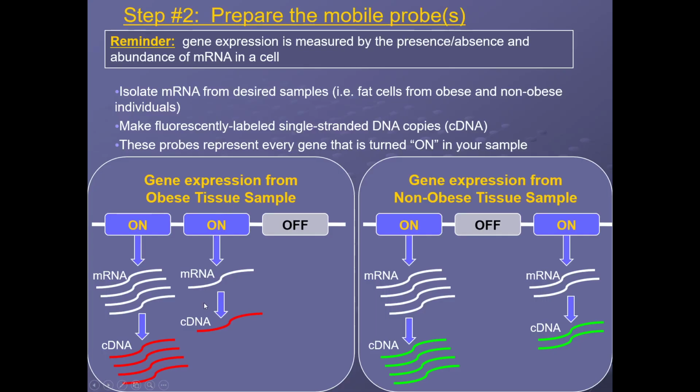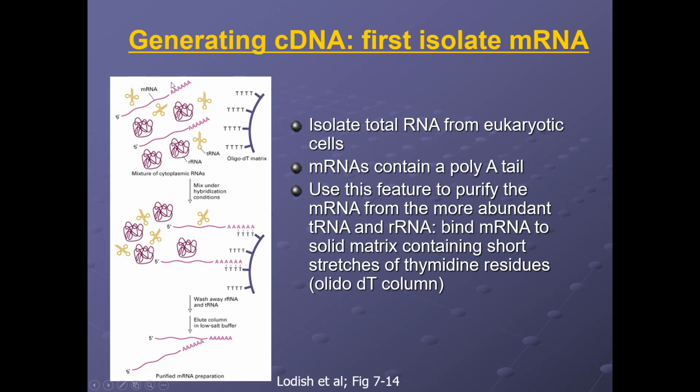And that second set of single-stranded molecules will come from your tissues, your control, as well as your understudy tissue. So what they do is they isolate the mRNA, and jumping ahead a little bit, since we started talking about the isolation of mRNA, this next slide describes how this is done.